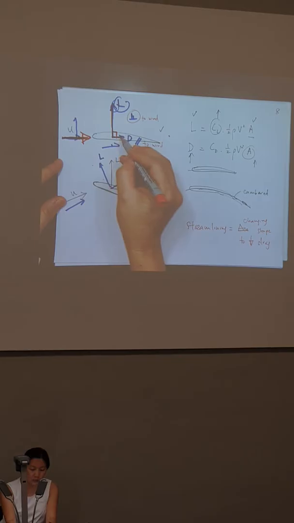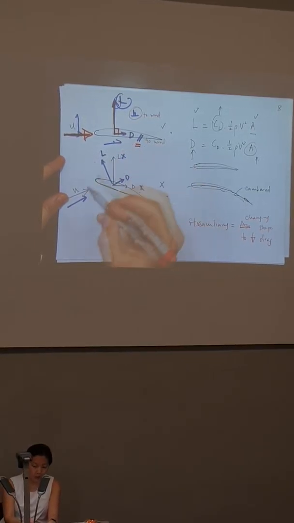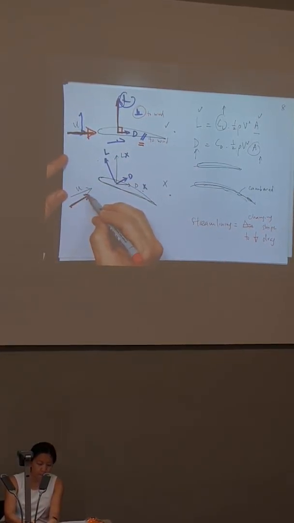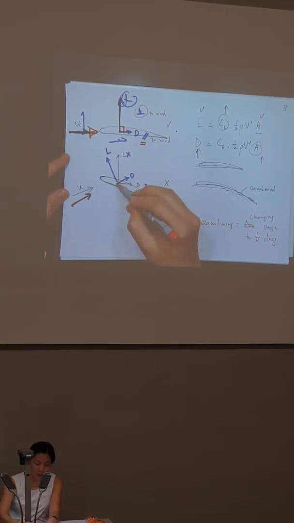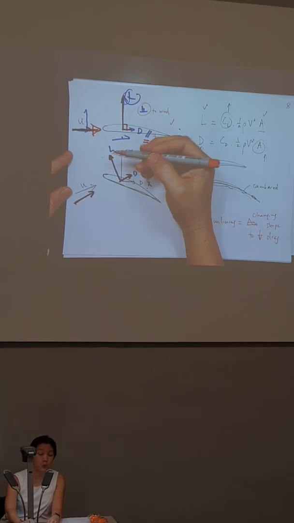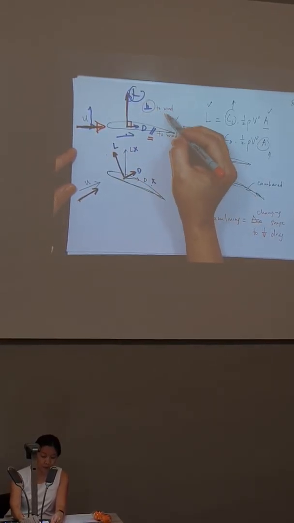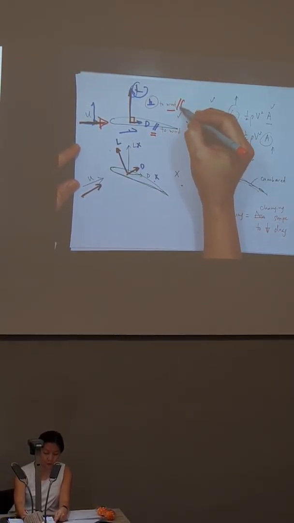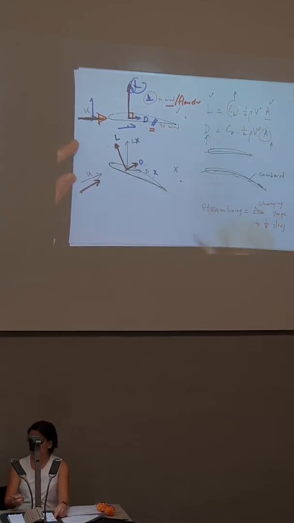My drag will always be parallel. If my flow is coming in this way, then this will be my drag, this will be my lift. MCQ question. So just remember, perpendicular to wind or to the flow direction.